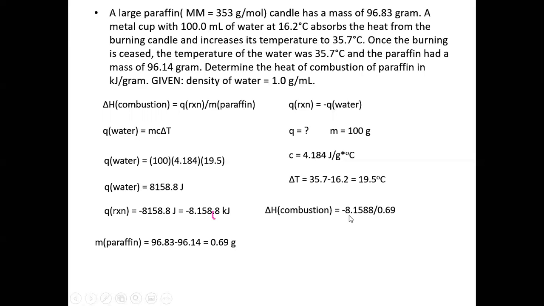Now we can solve for delta H of combustion, and we get about negative 11.82 kilojoules, or negative 12 kilojoules per gram. So again, anytime you're looking for heat of combustion, heat of reaction, it's always going to be the Q of reaction divided by either the mass or the moles of a reactant or product.